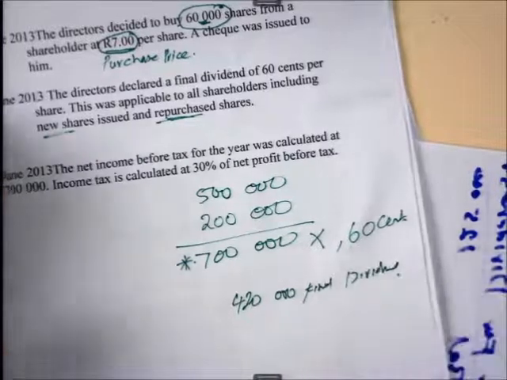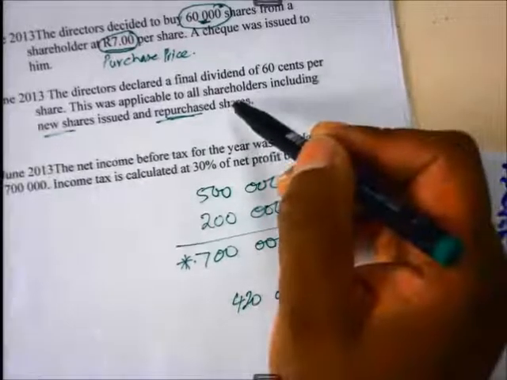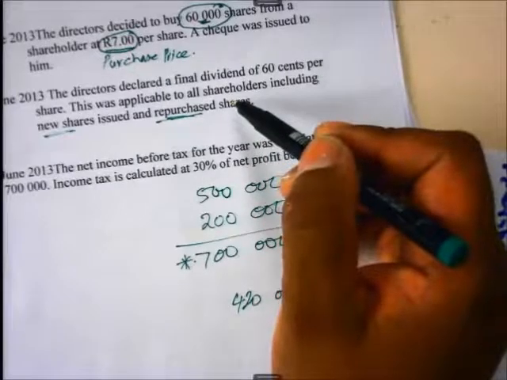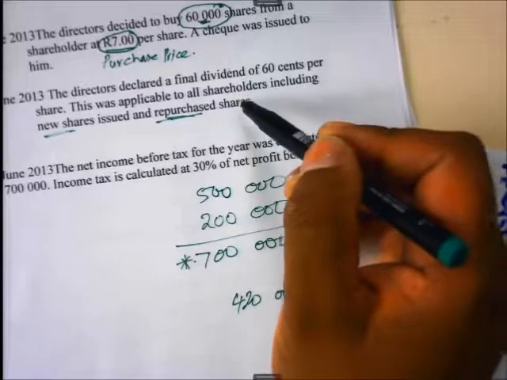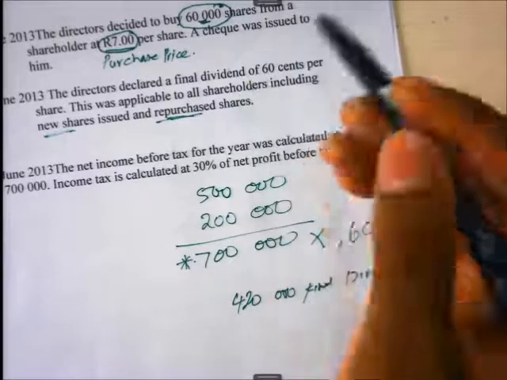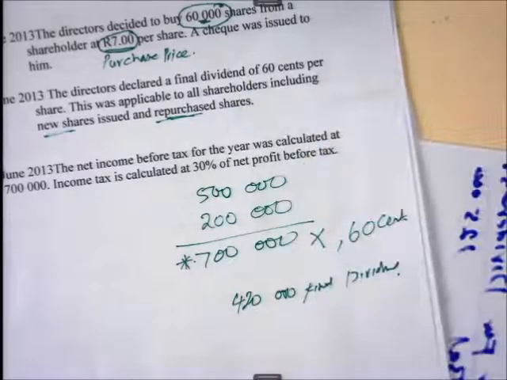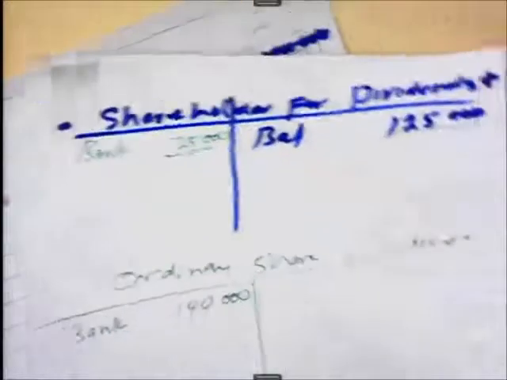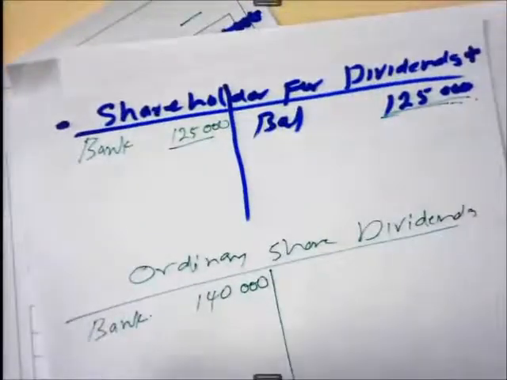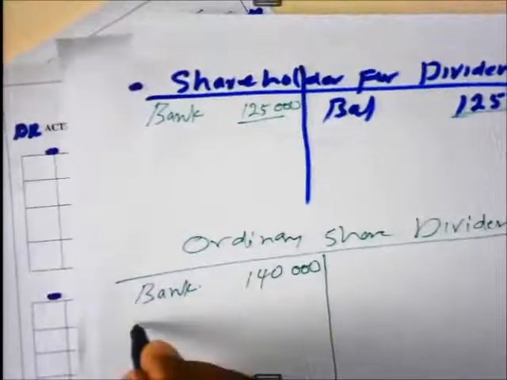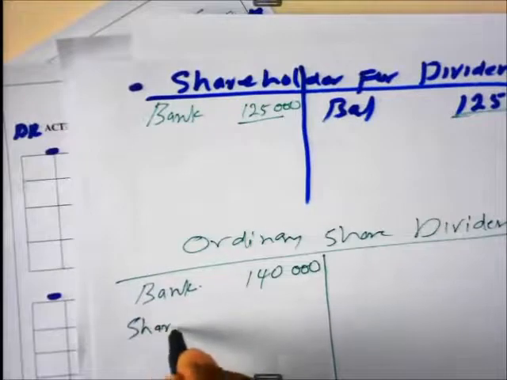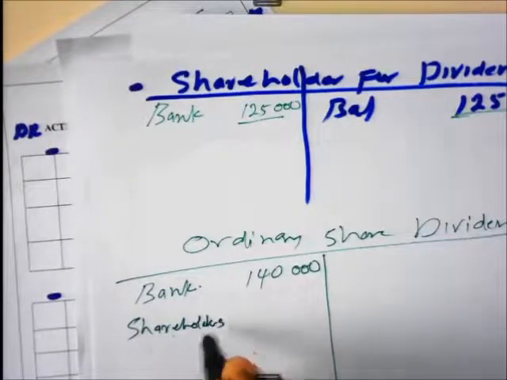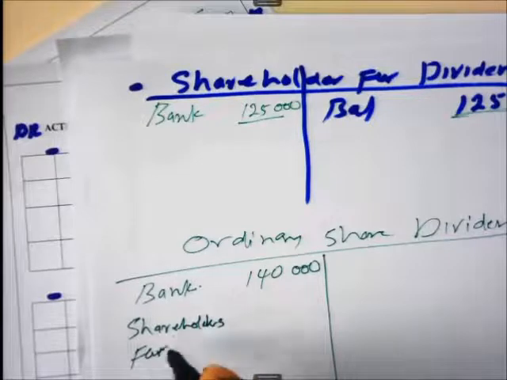This is a final dividend, but it is declared. It is not paid. Therefore, you are going to make an entry in these two accounts. We go to our ordinary share dividends, and we debit it with shareholders for dividends.